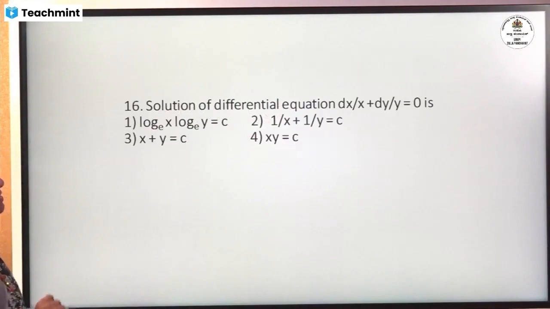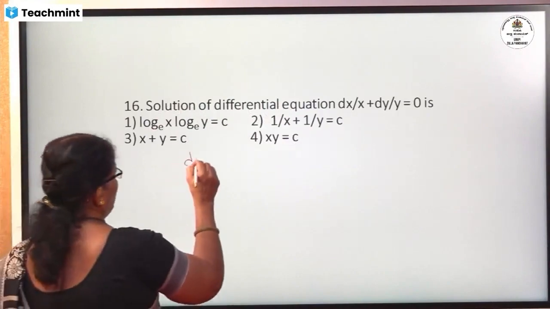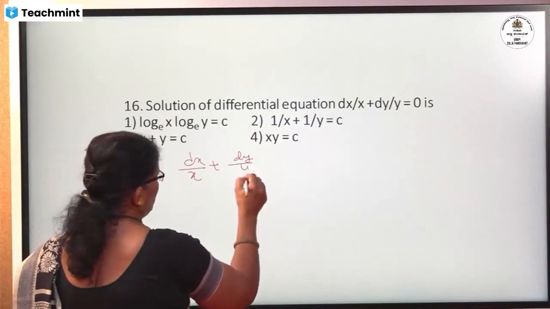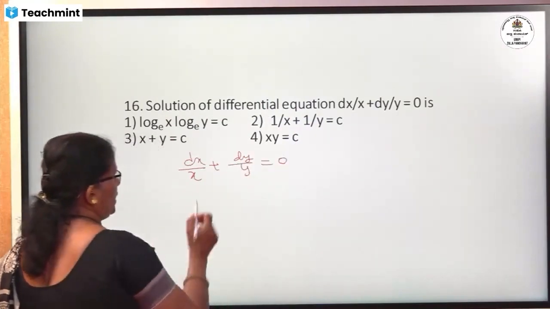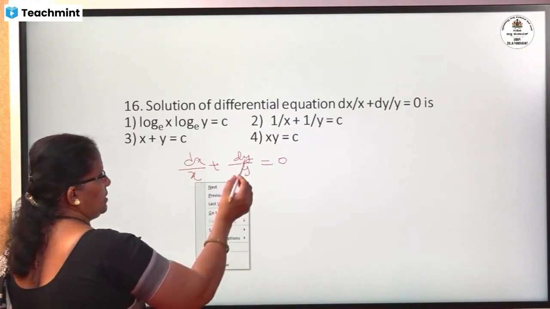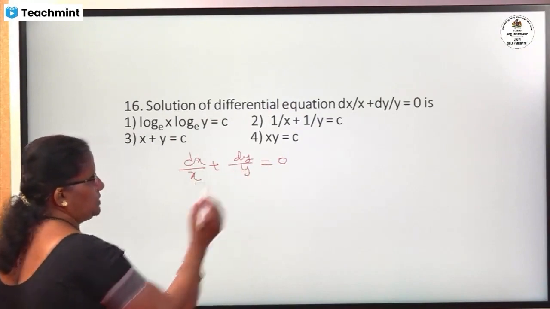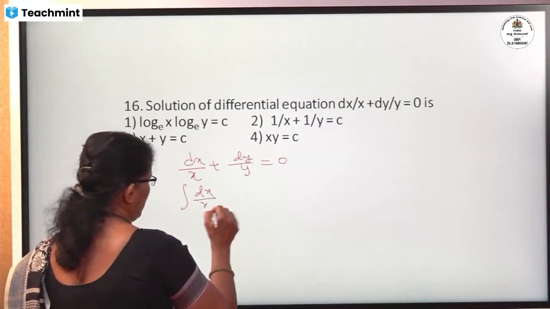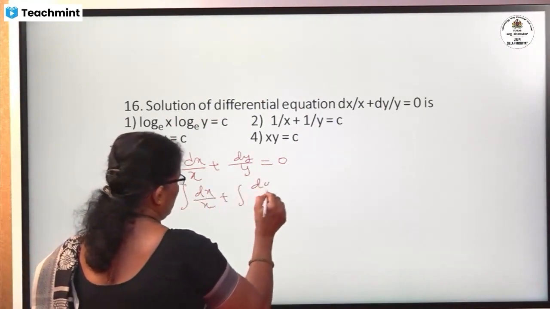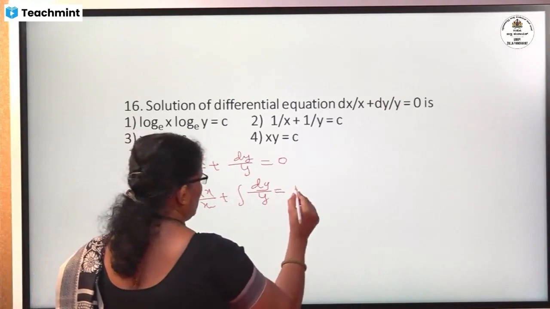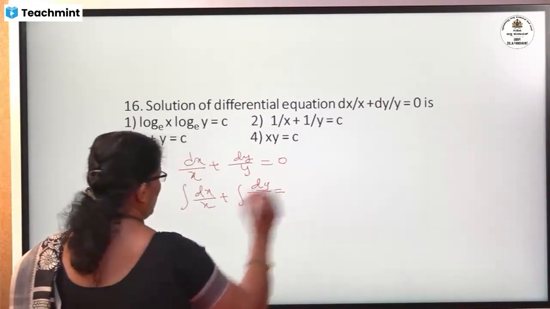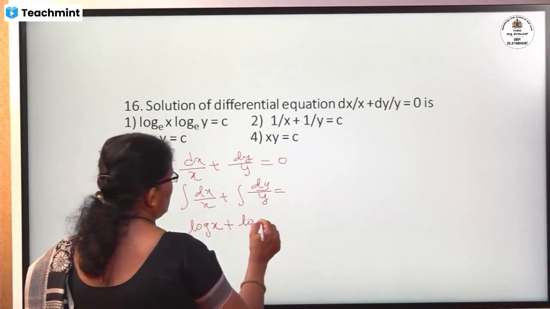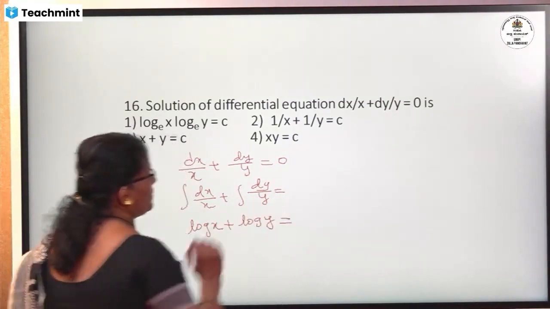So let us see some examples. What I have is dx by x plus dy by y equal to 0. Can you see that the dx coefficient contains only x, the dy coefficient contains only y. So it is integral dx by x plus integral dy by y is equal to a constant, that we will see what we have to take once we simplify the left hand side.